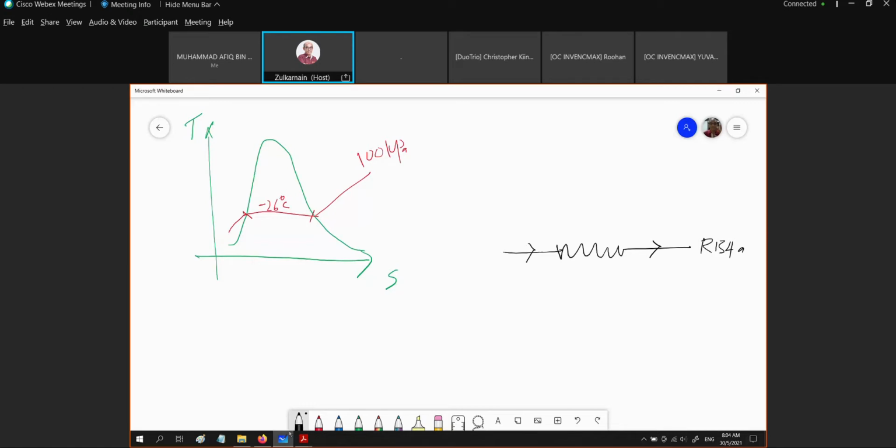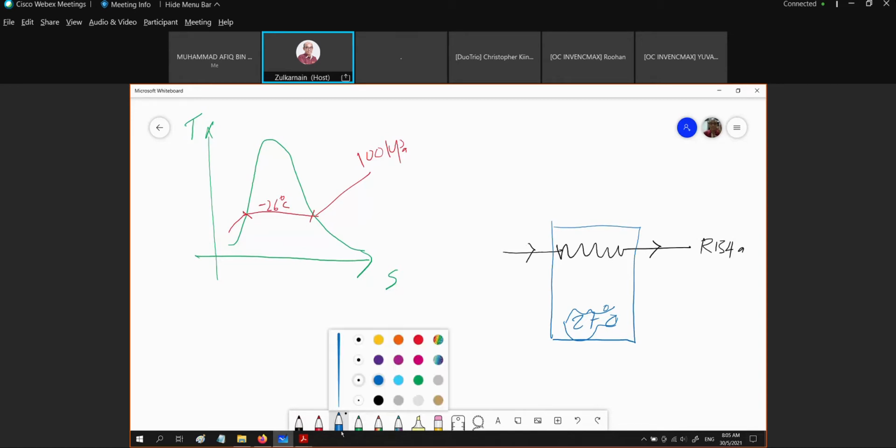that if we have a chamber right here, and we put anything inside this chamber, let's say initially at room temperature of 27 degrees C, then we have right here the cooling from this saturated refrigerant at minus 26 degrees C. This means the heat from this substance, or anything that we want to cool down, will be transferred to the R134A, as though the substance we want to cool down is heating the R134A.